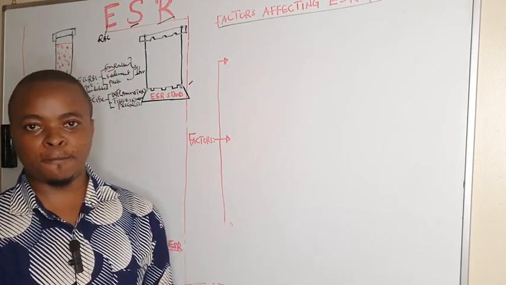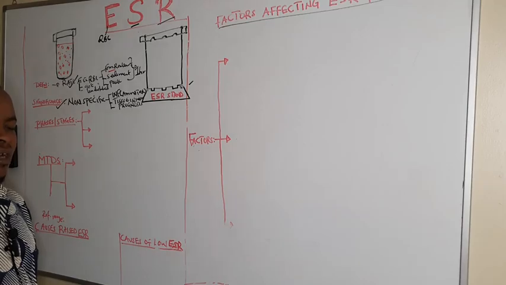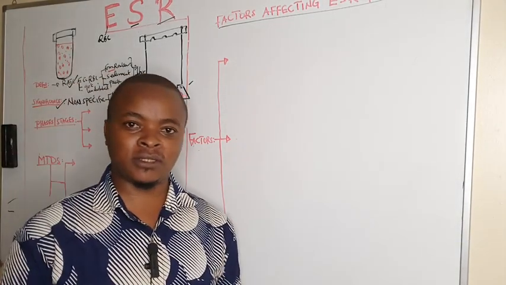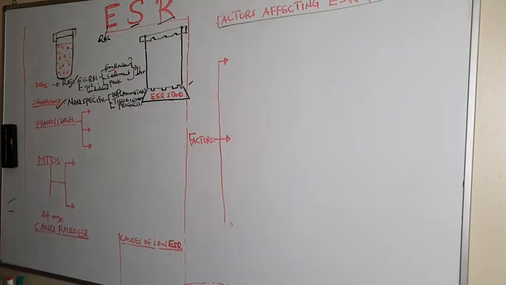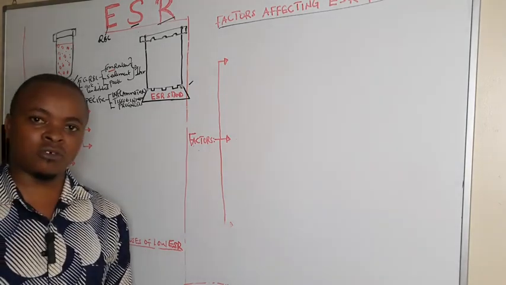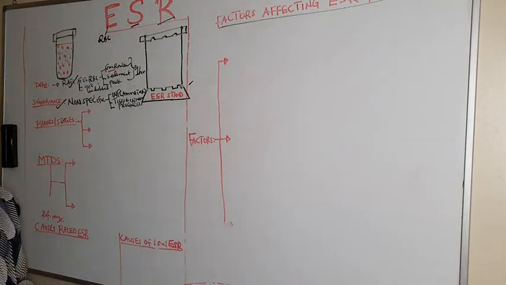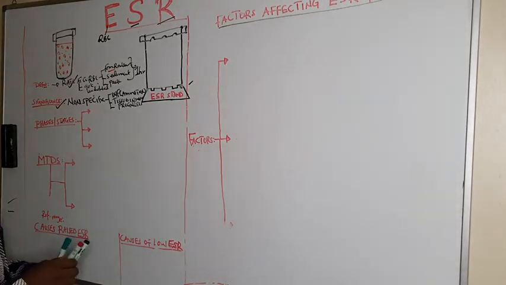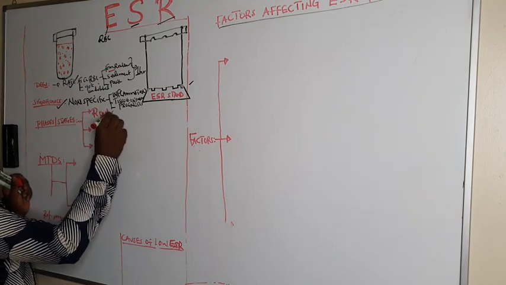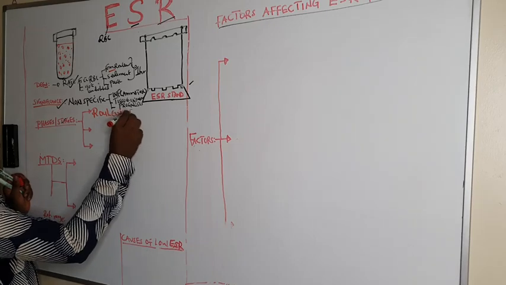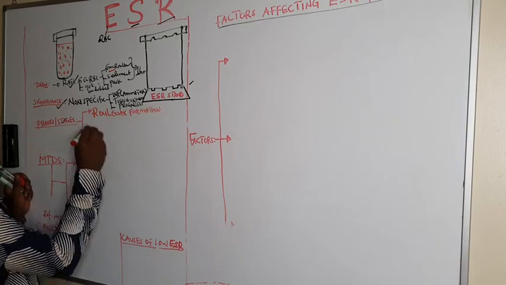After covering the definition, we have seen the significance. Now let us talk about the phases or stages of ESR, what it passes through for the red cells to pack at the bottom of the tube when collected and left undisturbed. The first one is rouleaux formation.